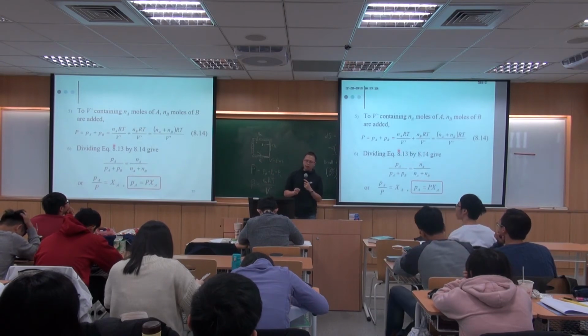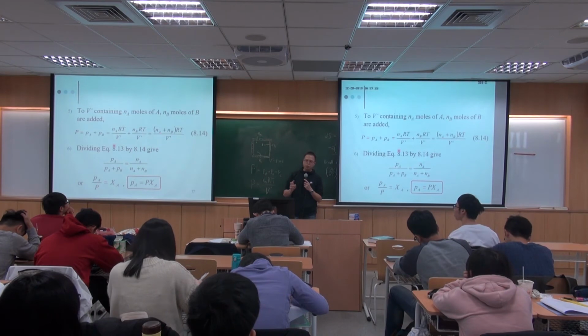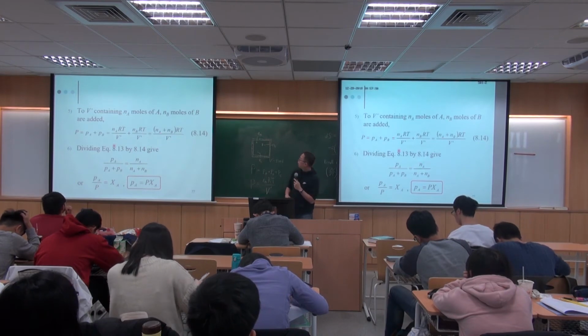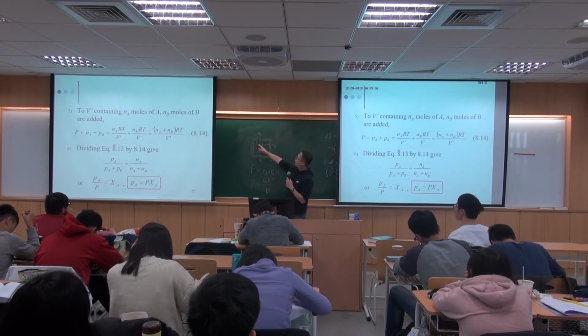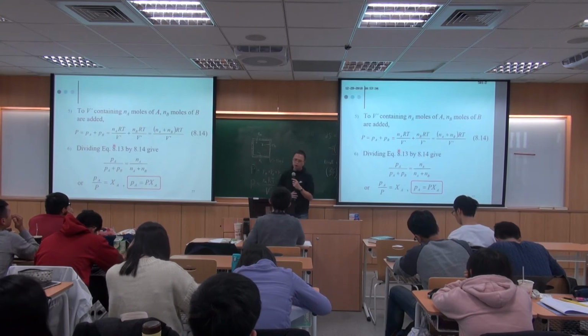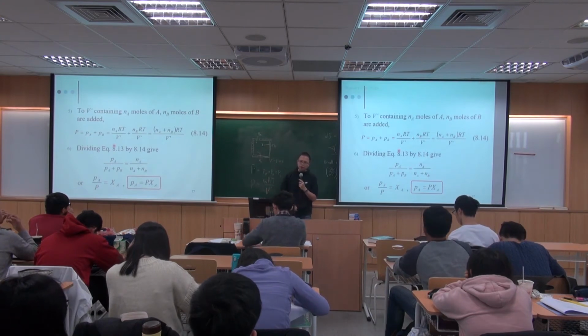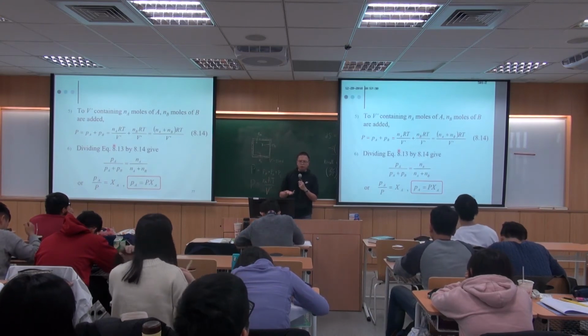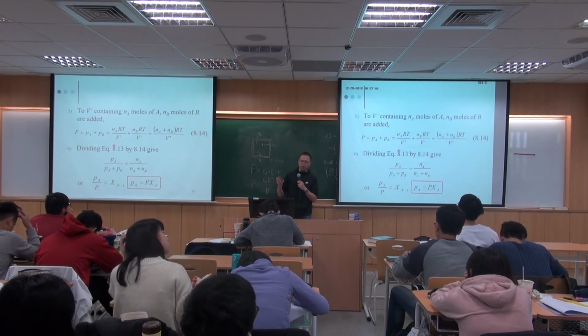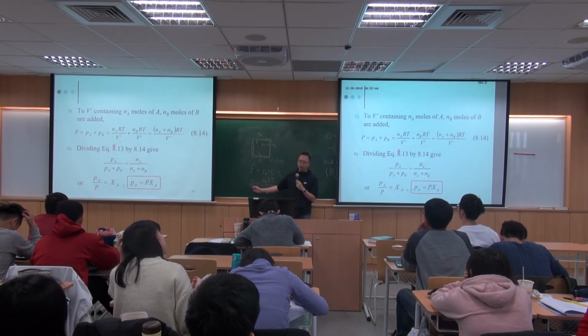Consider the case when you have two kinds of particles, so you have A and B in this container. The total pressure, let's say, is still P, but this P is actually different from the original P over here.